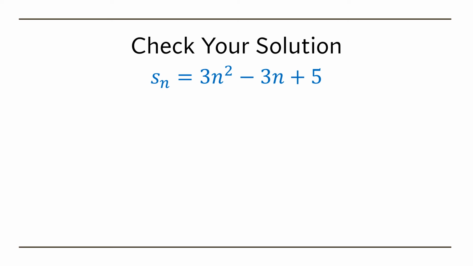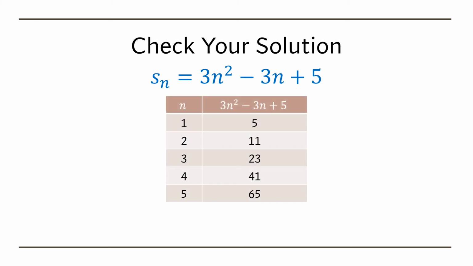And we plug these values in for n is equal to 1, 2, 3, 4, as far as you want to go. You could either use a calculator or a spreadsheet, and you would get the following answers. And if you notice, on the left column, we have 1, 2, 3, 4, 5. And on the right column, we have numbers that happen to coincide with our original quadratic sequence.